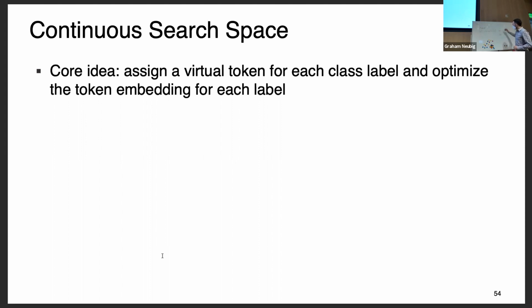What you can do instead is make a pseudo token for positive, a pseudo token for negative, and then directly optimize the parameters of the pseudo tokens using backpropagation in order to maximize your accuracy. And this requires that you have some training data.